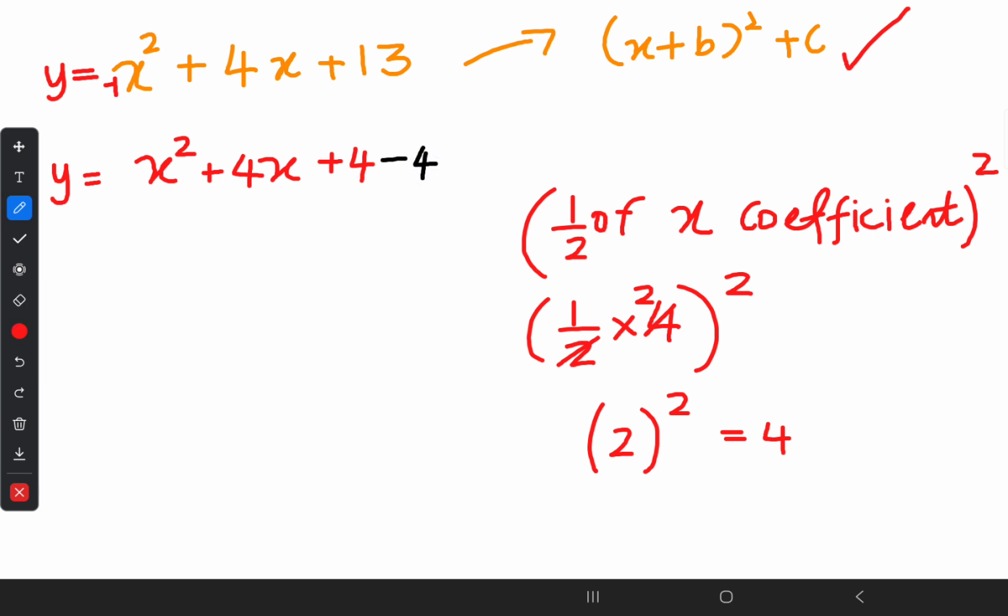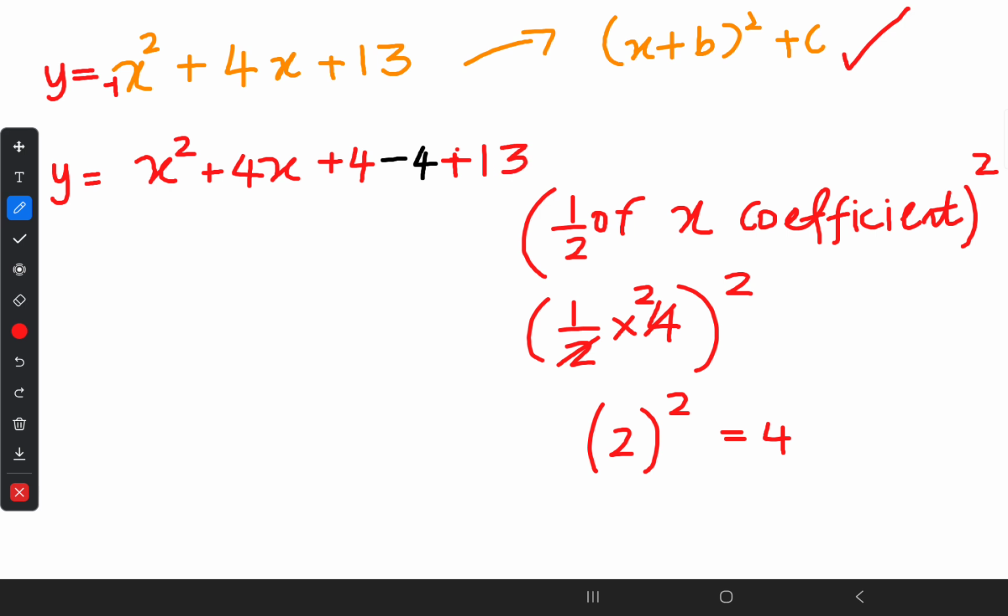First, you need to add number 4, and I'll explain why we are adding this number 4. In an equation, we cannot introduce a third party value, so we add and subtract to nullify it. After that, you have the constant in this function as well, positive 13, that will be here too.